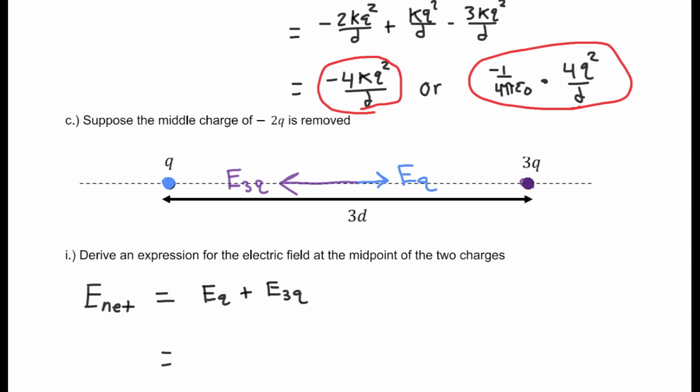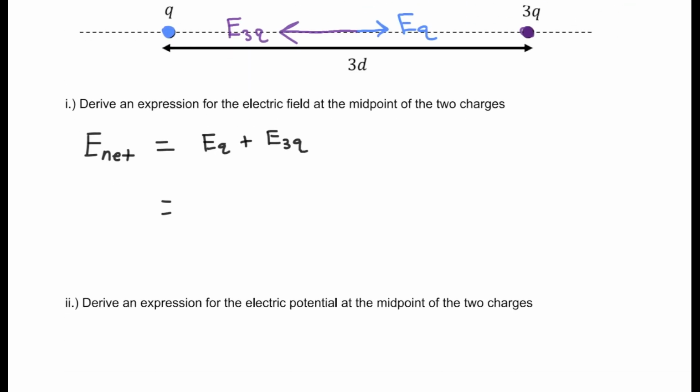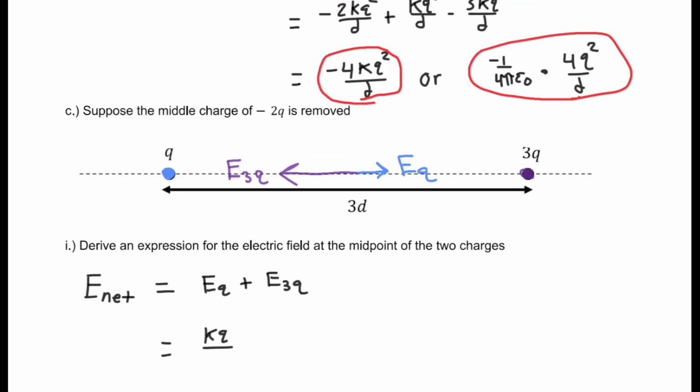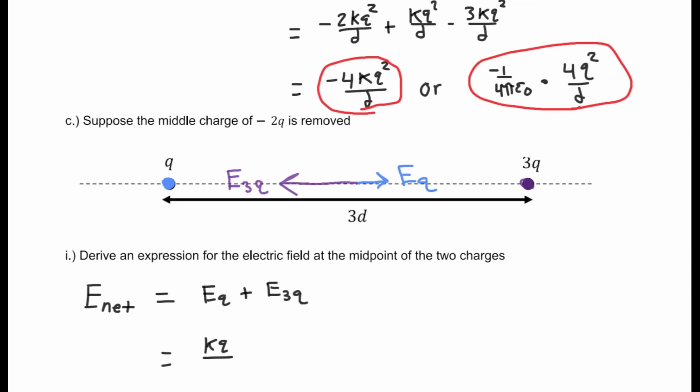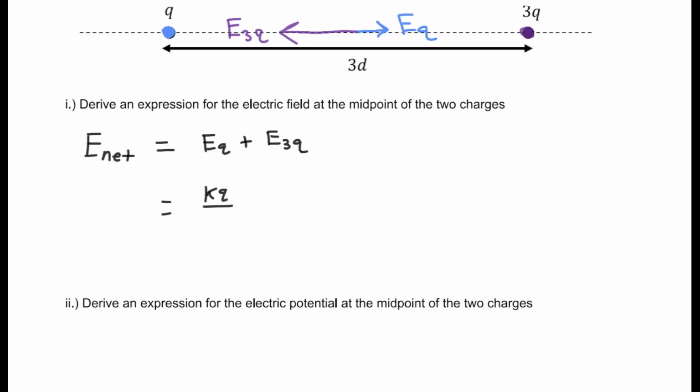And electric field is just KQ over R squared. It's Coulomb's law, except divided out by a charge by definition. So we get KQ over R squared, and R would just be, we're at the midpoint, so if the distance is 3D, we just have that, so we'd get 3 halves D squared on the bottom.